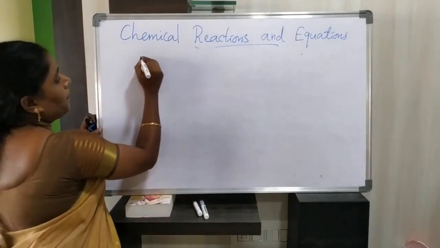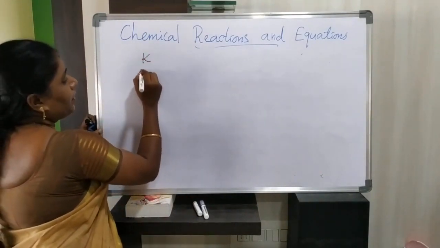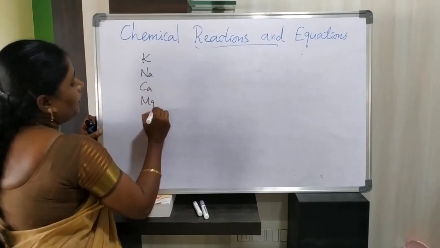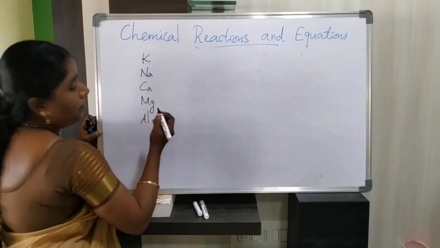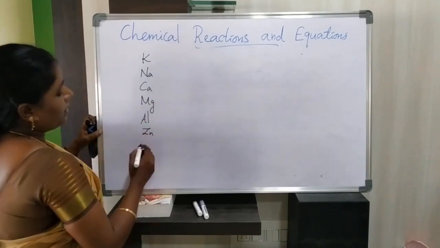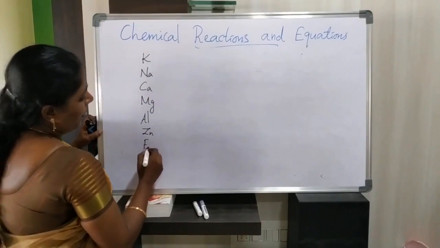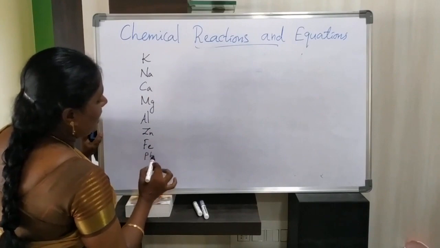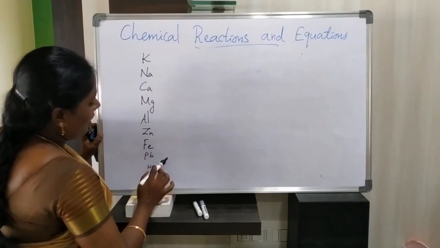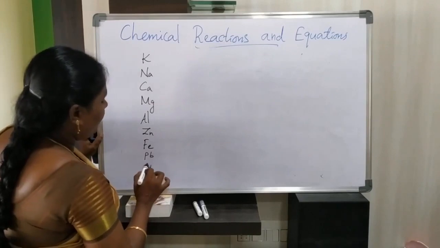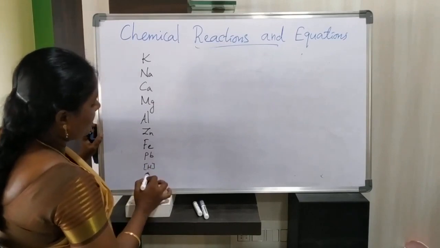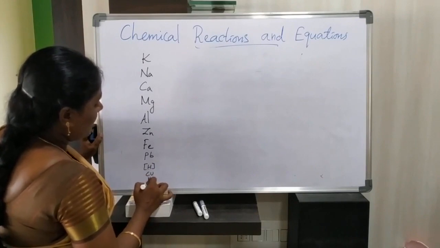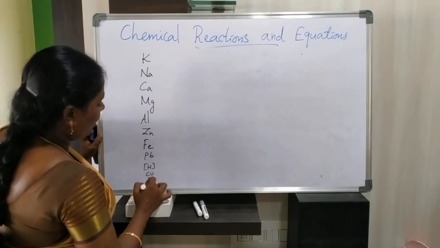See here: potassium, sodium, calcium, magnesium, aluminium, zinc, iron, lead, hydrogen, next copper, mercury, silver, gold.